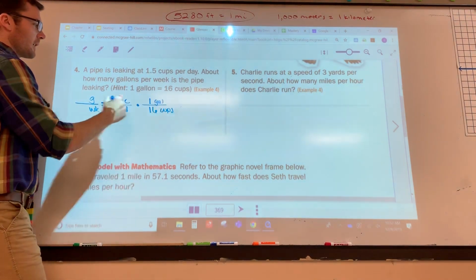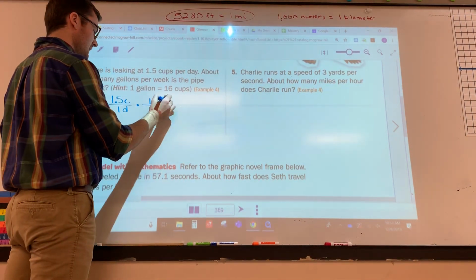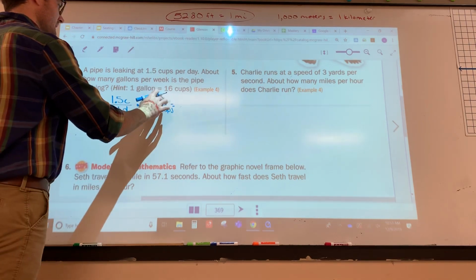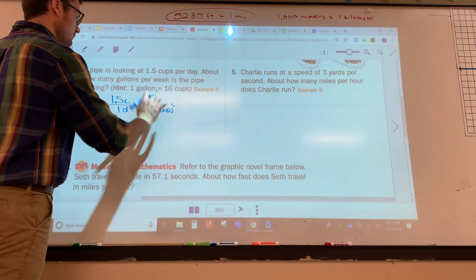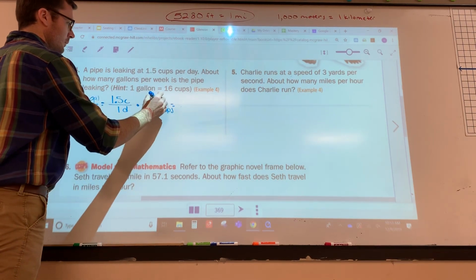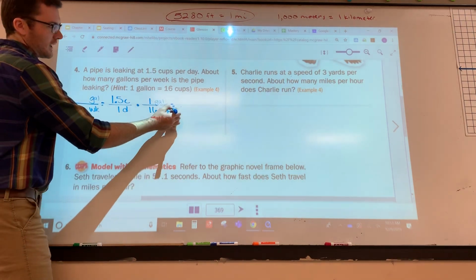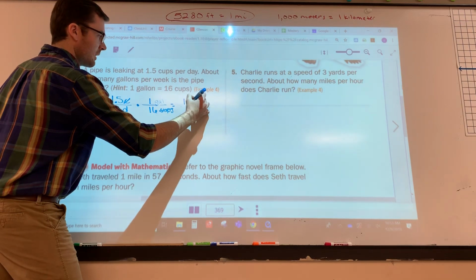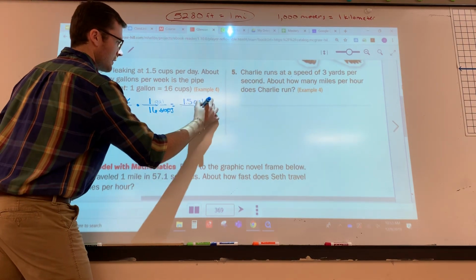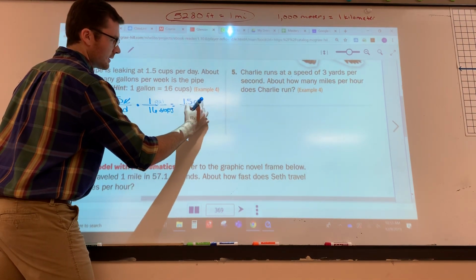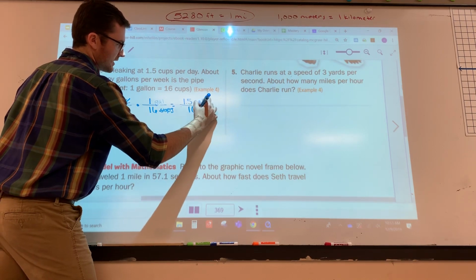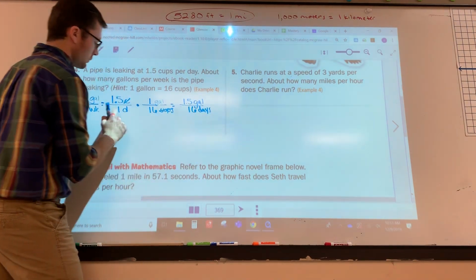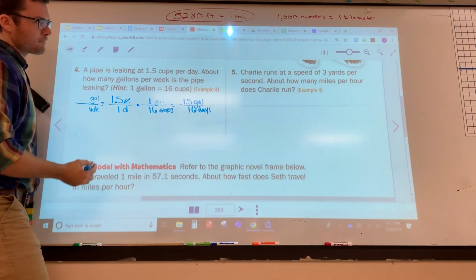Okay, when I multiply that across, I'm gonna cancel out my cups. So I have 1.5 gallons per day, 16 days, sorry, because 1 times 16 is 16.